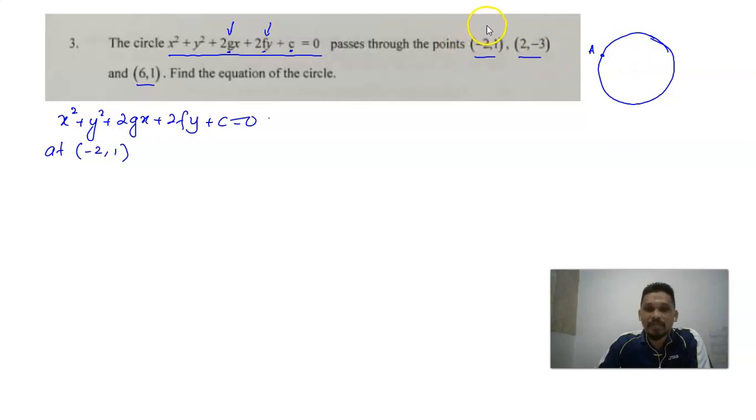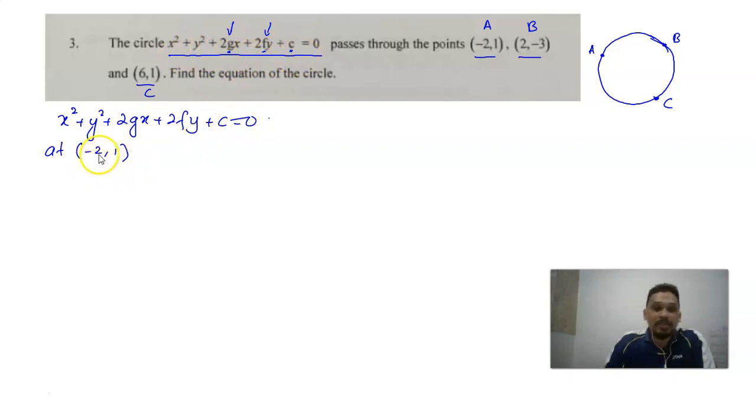Let me label these as A, B, and C. The coordinate of A is (-2, 1), the coordinate of B is (2, -3), and let's say C is (6, 1), for example. So with the points given, we have to find the proper general equation.